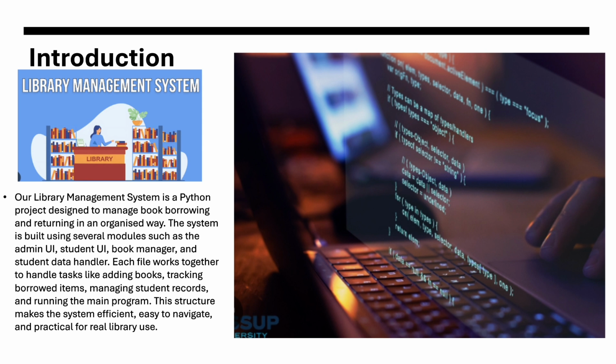It is designed using several modules such as the admin UI, the student UI, book manager, and the student handler, which all work together to handle tasks like adding books, tracking the borrowed items, or even managing the student records, and also to run the whole main program. It is to make the system more efficient, easy to navigate, and practical for real life library use.